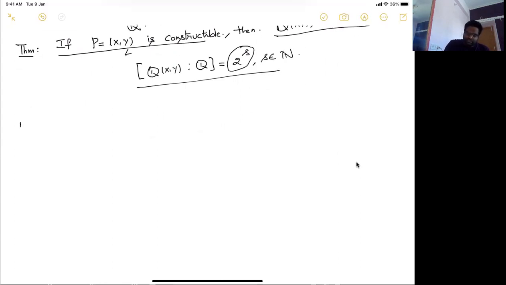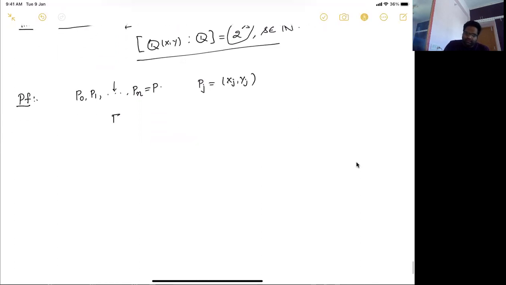So, the proof. Since P is constructible by the hypothesis, you'll be able to find a sequence of points P0, P1, up to Pn, which is my given P, such that each of the points Pj is obtained by the 3 processes above. Suppose Pj is equal to (xj, yj), and let us define Fj as the extension over Q obtained by adjoining x1, y1, x2, y2, up to xj, yj.